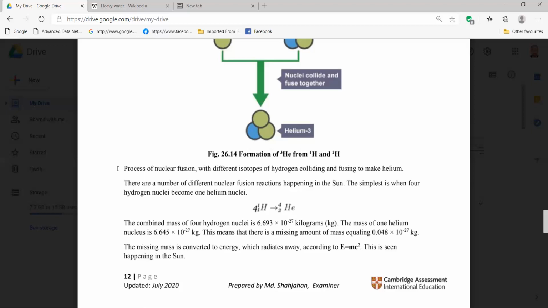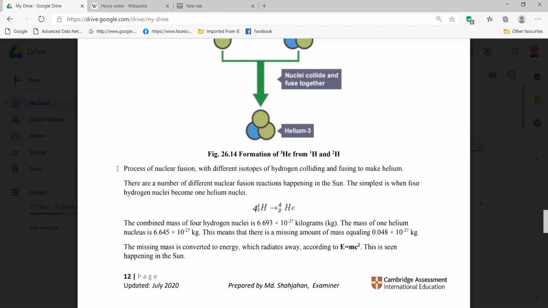This mass defect helps us get the energy. We are getting simply one equation, one reaction, but where are we getting the energy from? The energy is coming from that mass defect.